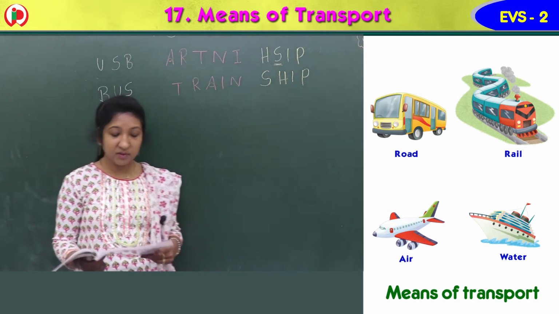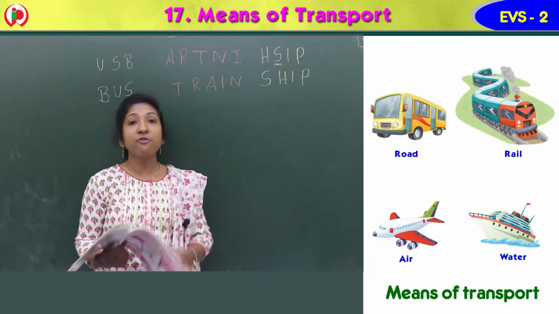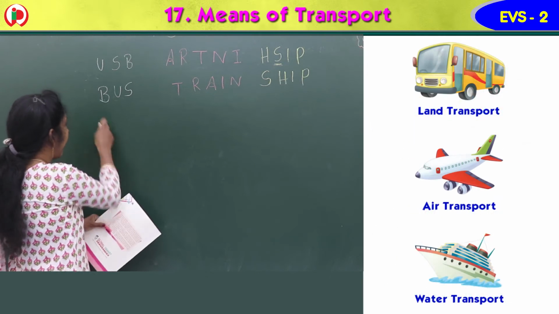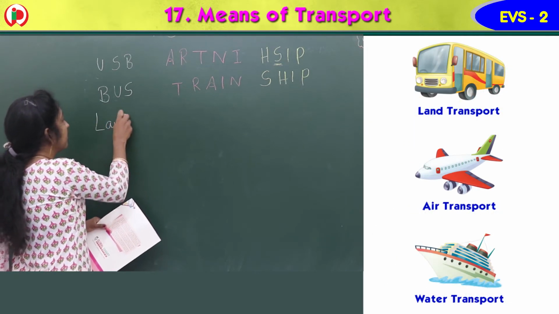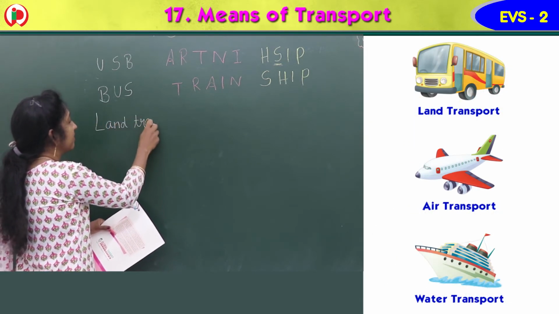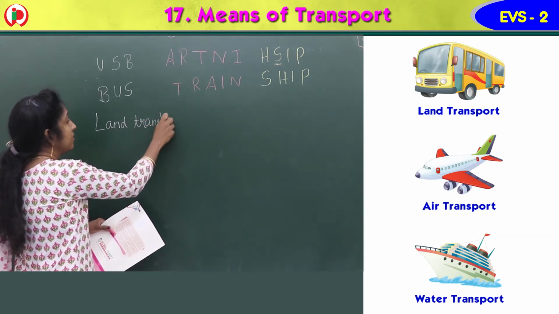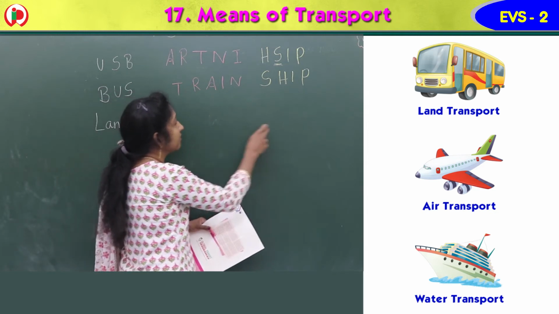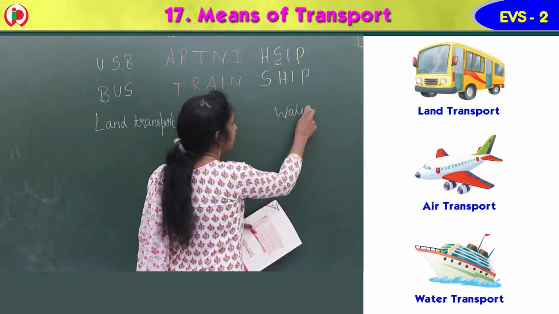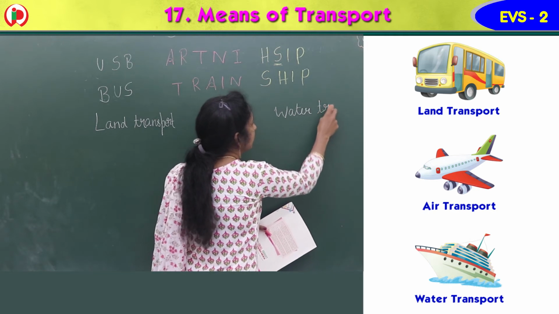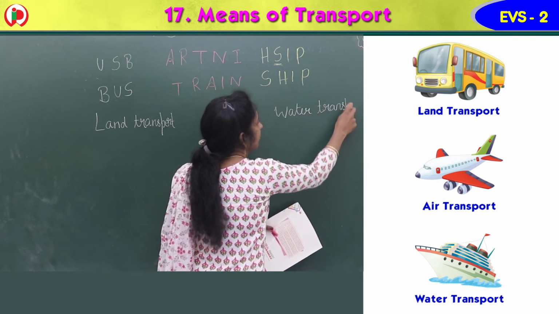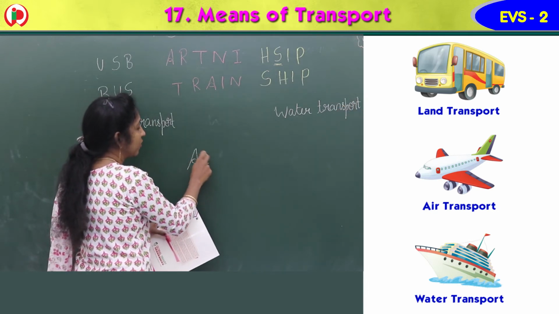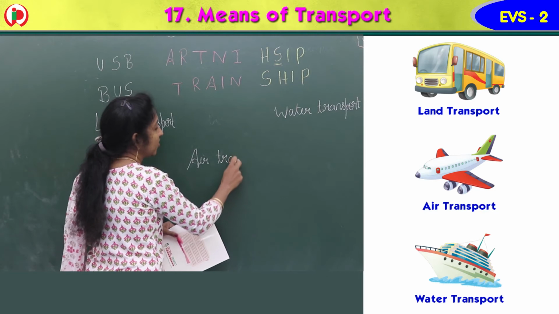So there are three types of transport. Which are they? One is land transport. Then we have water transport. Then we have air transport.